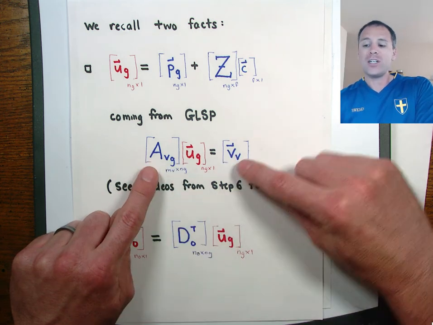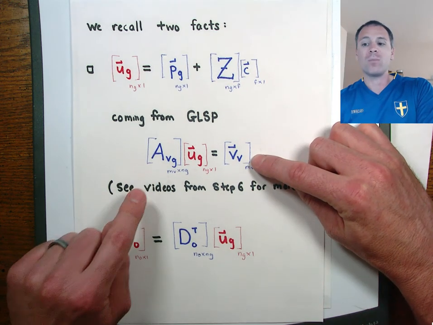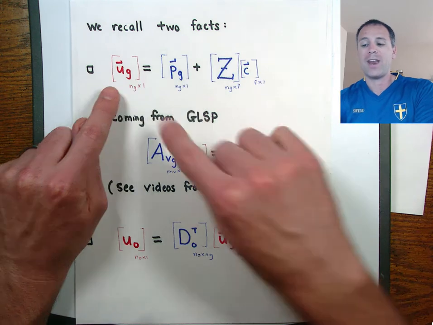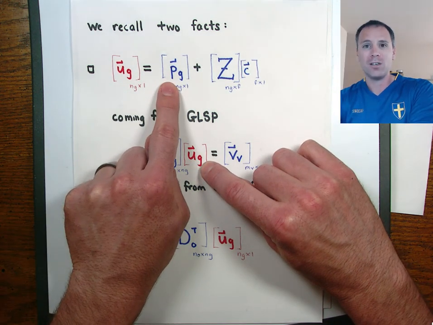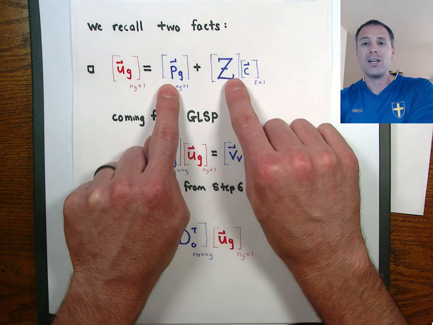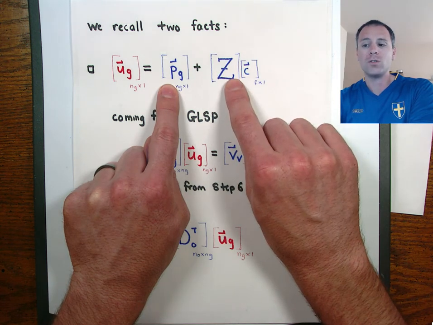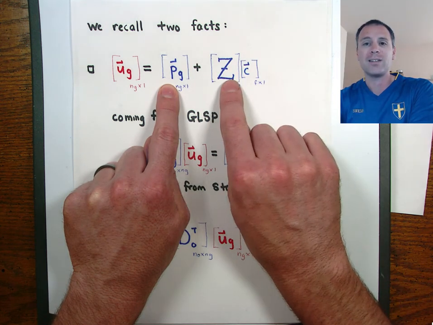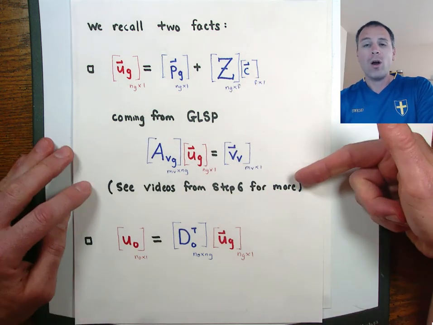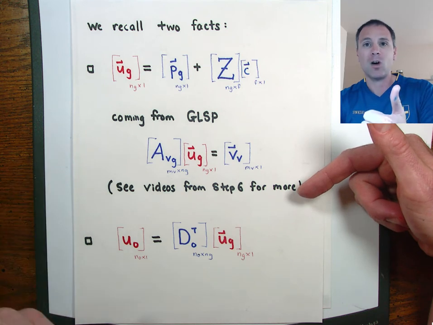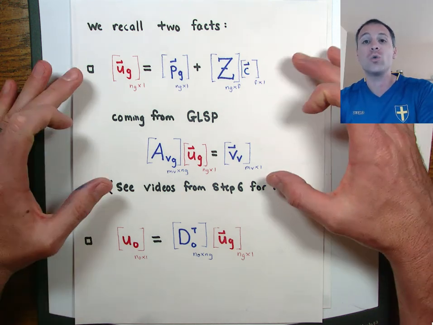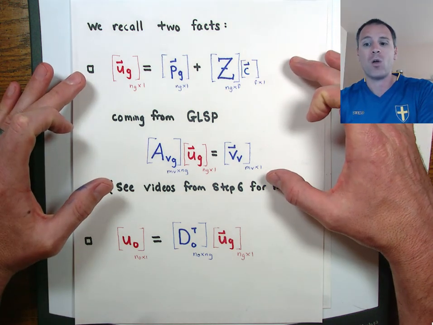Now, when we looked at solving that general linear systems problem using linear algebraic structure, we said that every vector that solves that is going to look like a particular solution plus a linear combination of special trivial solutions that are linearly independent. If you want more about this, go watch the 3 videos from step 6, step 6 itself, and then the 2 extension videos. We go into really great detail about how this works.